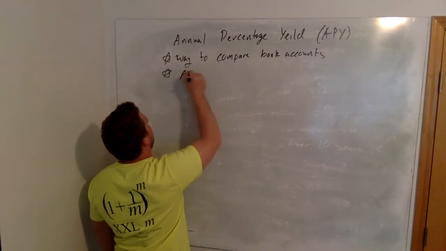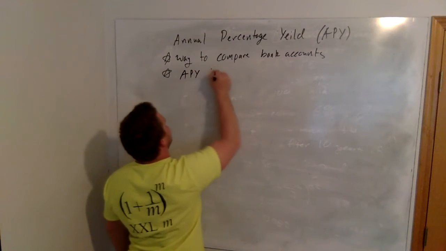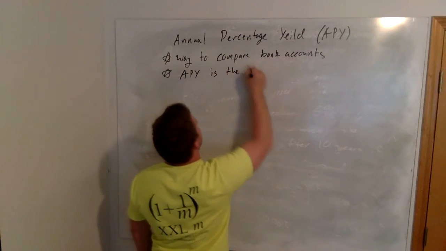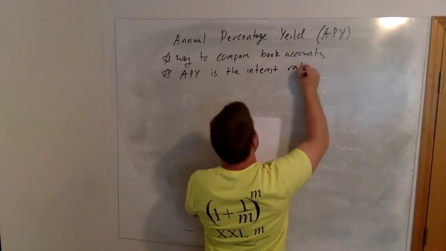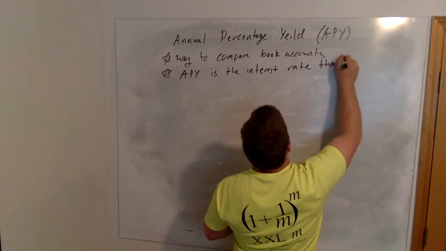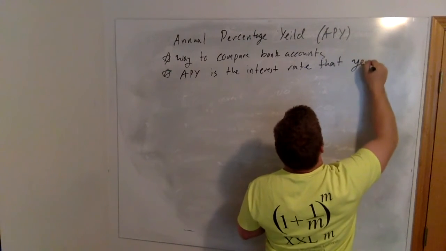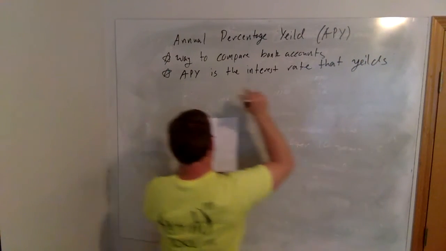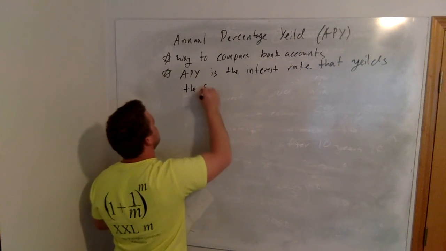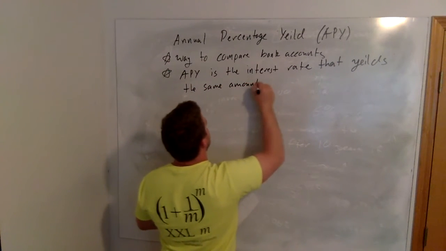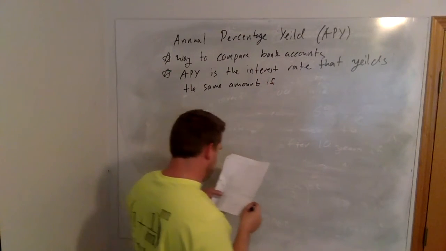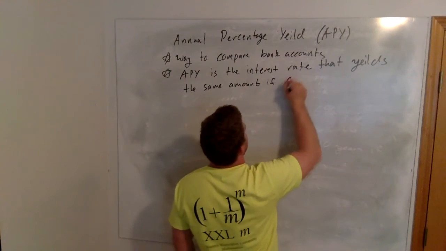So the APY is the interest rate that yields the same amount if compounded annually.